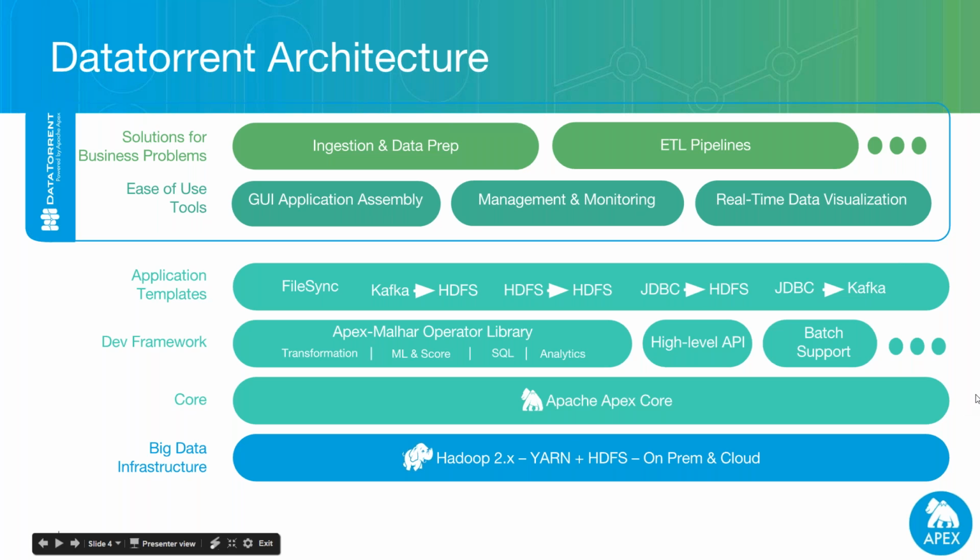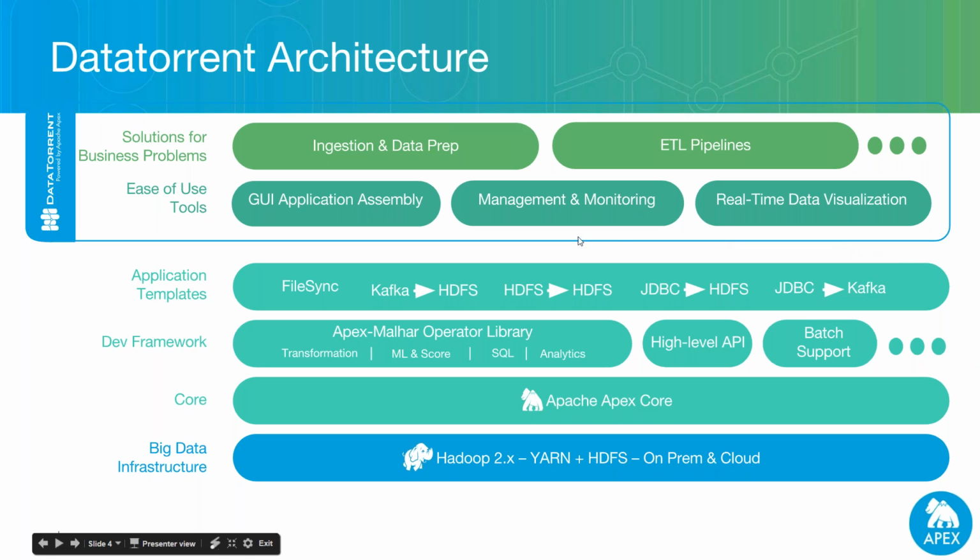On top of it, we have the Malhar library, which consists of a bunch of operators like connectors, input and output, and some processing. And also we have high-level APIs and batch support. On top of it, we have application templates like Kafka to HDFS, HDFS to HDFS, and file sync, JDBC to Kafka applications. These applications are built using the Malhar library.